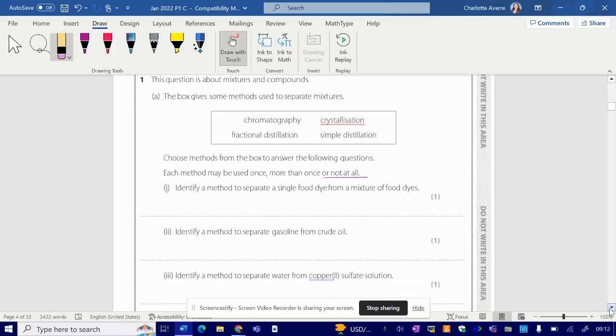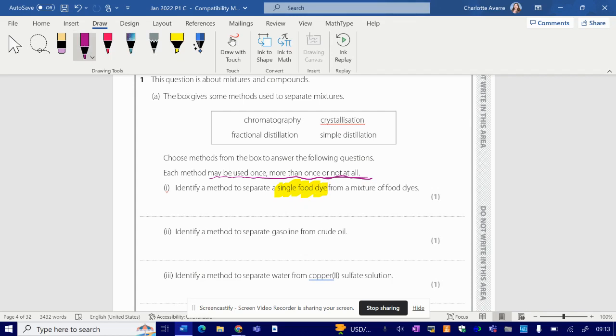Okay, so question number 1 is about mixtures and compounds, and the box gives some methods used to separate mixtures. We've got to choose methods from the box to answer the following questions. So each method may be used once, more than once, or not at all. Identify a method to separate a single food dye from a mixture of food dyes.